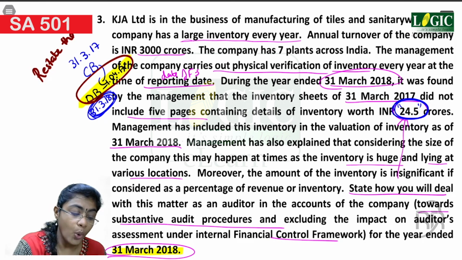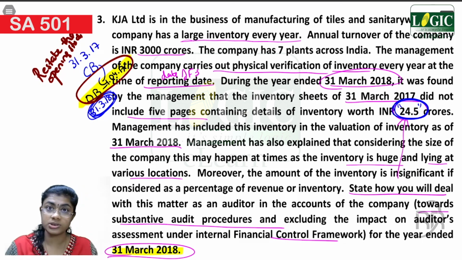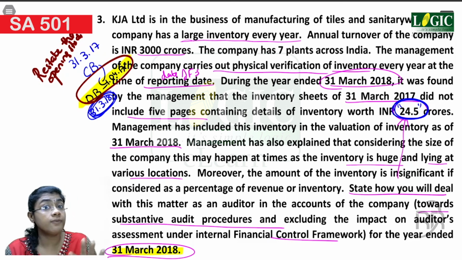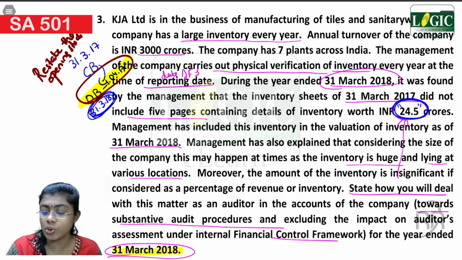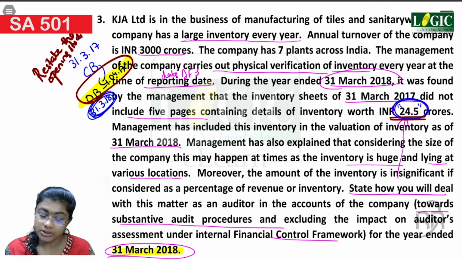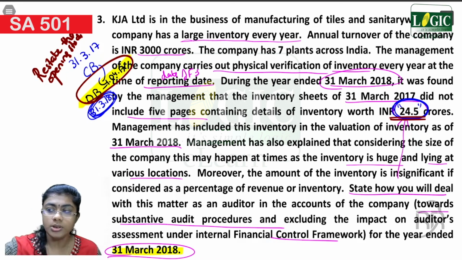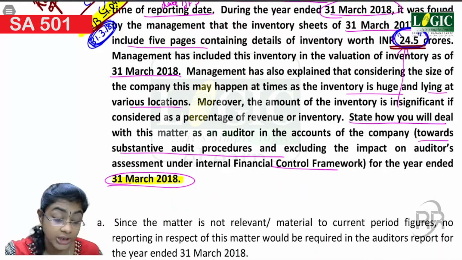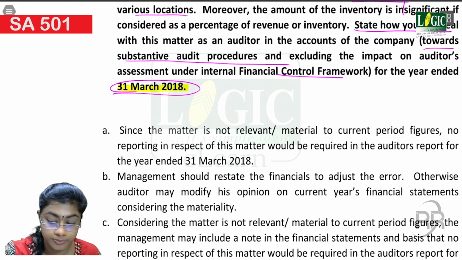Restate the opening stock, which is the closing stock of 31st March 2017. If they don't restate, it shows that material misstatement exists. Hence, you will modify. So with this in mind, shall we read the options, students?